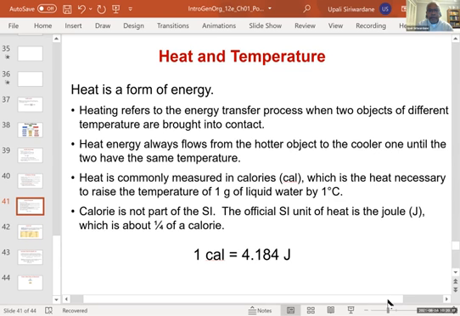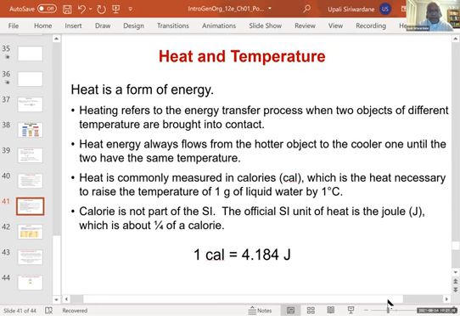One of the forms of energy is heat. Heat energy is related to temperature because heat is related to the kinetic energy of the particles making up the matter. Heat transfer takes place when two objects with different temperatures are brought together.